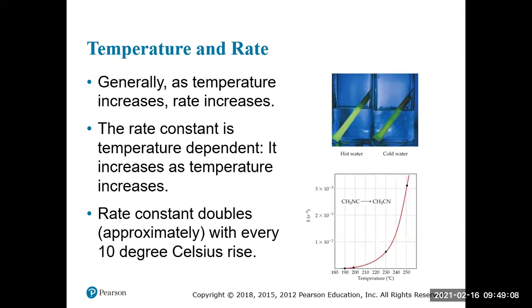In general, a rule of thumb is that for about every 10 degrees C that you increase, the rate constant doubles. Over here on the lower right-hand side, you see a plot of temperature versus the rate constant, and you see it doubling as you have this 10 degree Celsius increase as you go up.